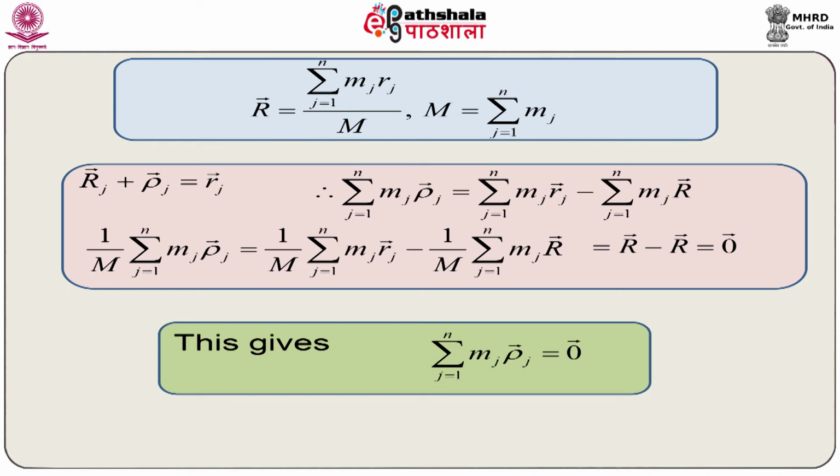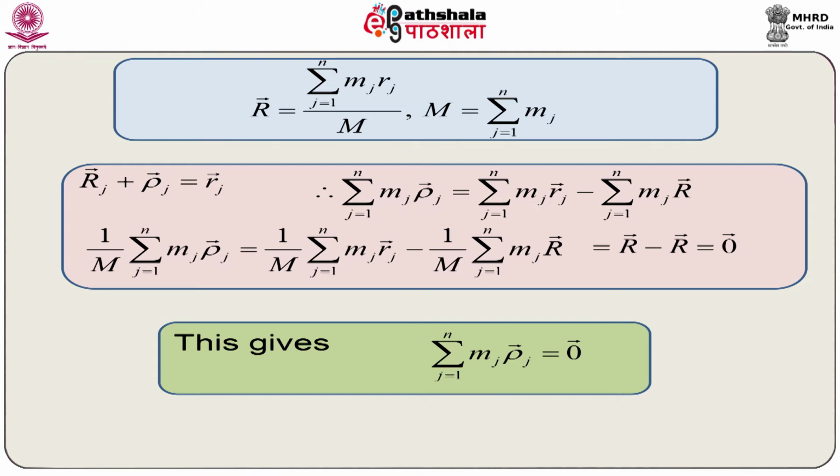Then from the definition of center of mass, we get capital R vector equal to summation over j equal to 1 to n small m suffix j into small r suffix j whole divided by capital M, where capital M is the total mass given by summation j equal to 1 to small n small m suffix j.